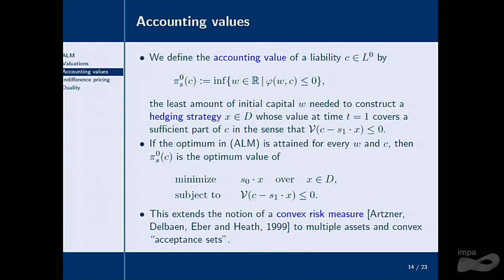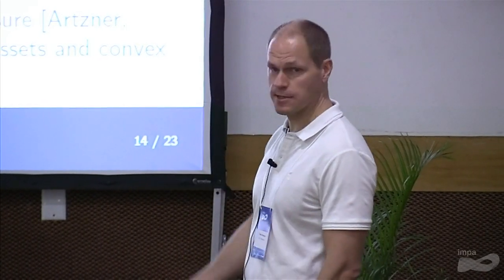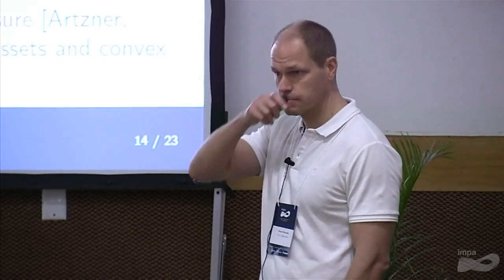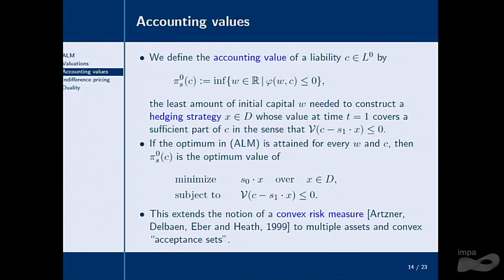So that's the accounting value: the least amount of cash you have to invest in a hedging portfolio that is a good enough hedge in terms of your risk measure. If you go back to this beautiful paper by Artzner, Delbaen, Eber and Heath, it's exactly the same thing. The main difference is that they assume that the market is described by a single asset.